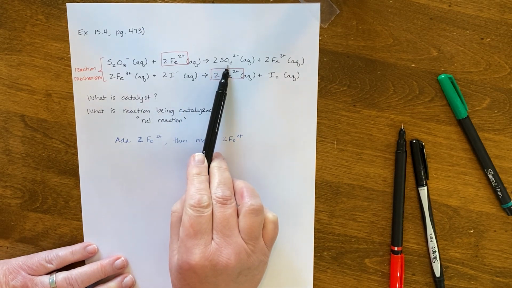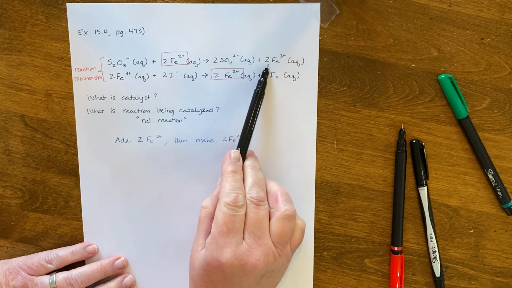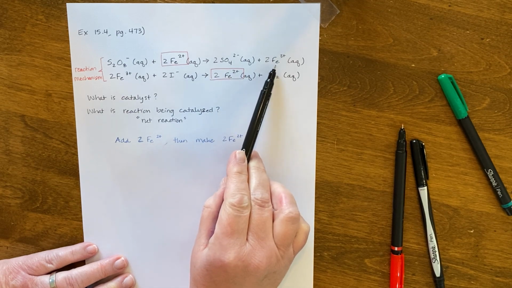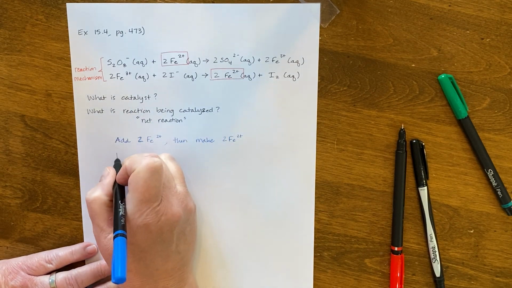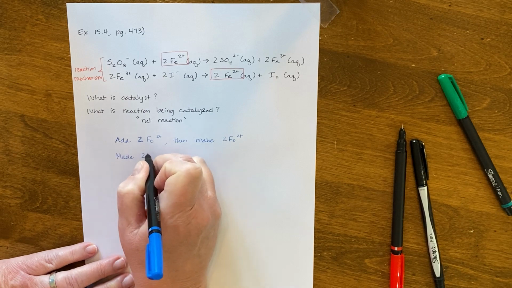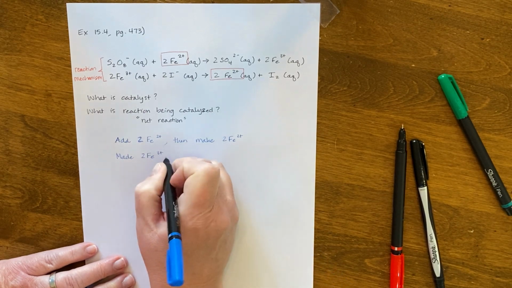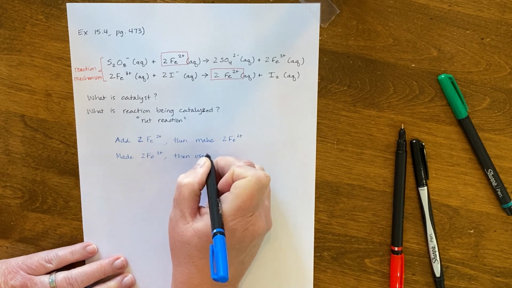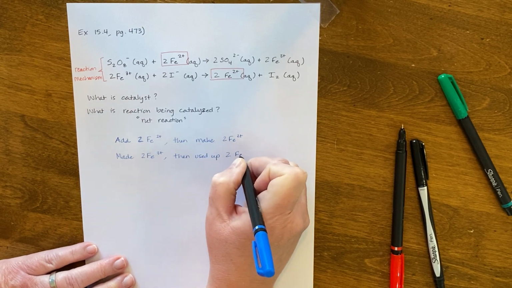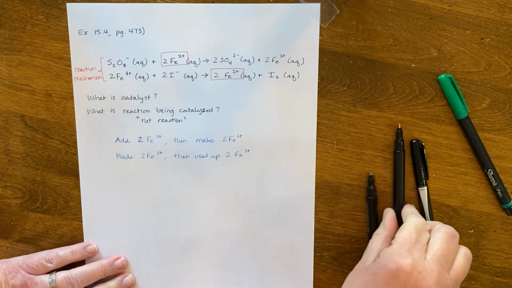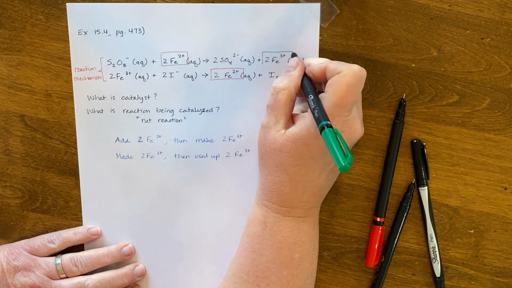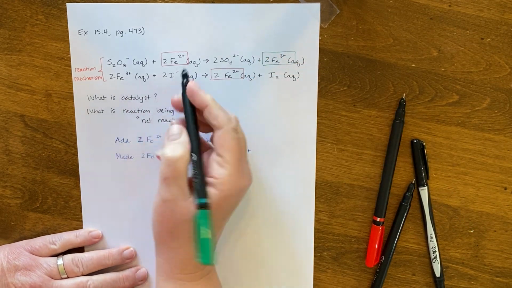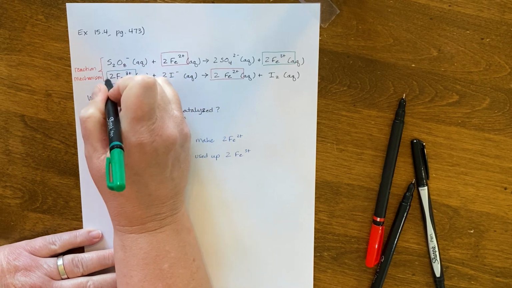I have 2 SO4 2-. I don't see any more of those. I have 2 Fe3+. Oh look, I have 2 Fe3+ here and 2 here. So here I made 2 Fe3+ ions, and then I used up 2 Fe3+ ions. So the first step in our reaction mechanism made 2 of these ions, but the second step in our reaction mechanism used them up.